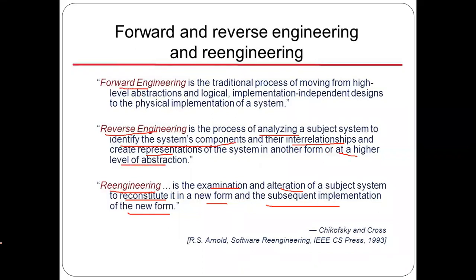Third, what is forward engineering? It is the traditional approach we were using, that is, moving from high level abstraction and logical, implementation-independent designs to the physical implementation of the system. That means the proper SDLC which we have studied is called forward engineering. The opposite process, studying an existing software or system, is reverse engineering, and developing the existing system in a better form is re-engineering.